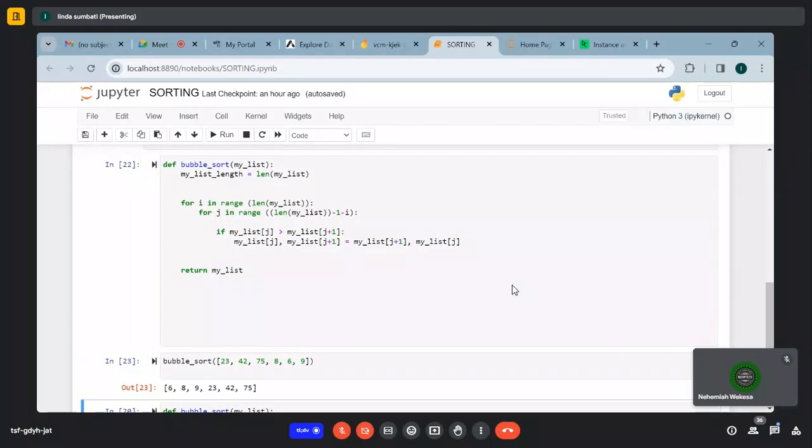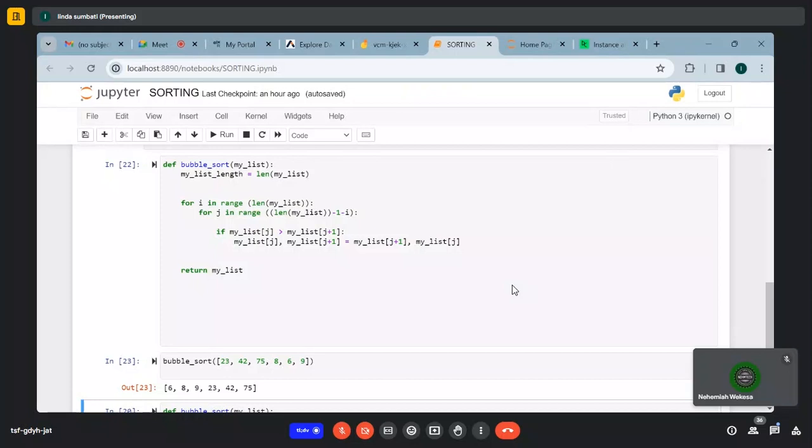Now, that is for I. I is representing each element for all the elements in the length of my list. Then for each index in the length of my list, if the index of J is greater than the index of J plus 1, that is the next one, swap.